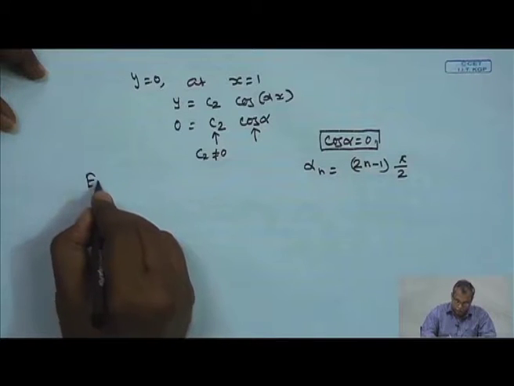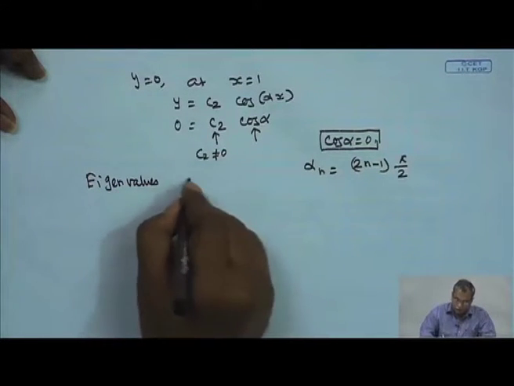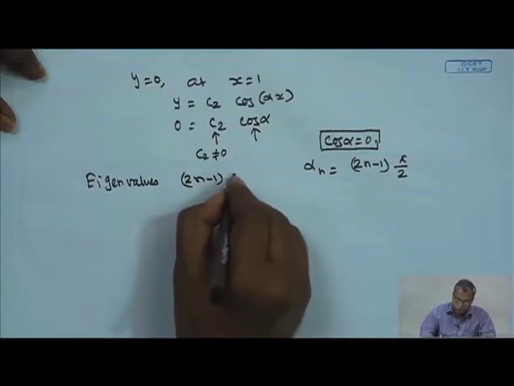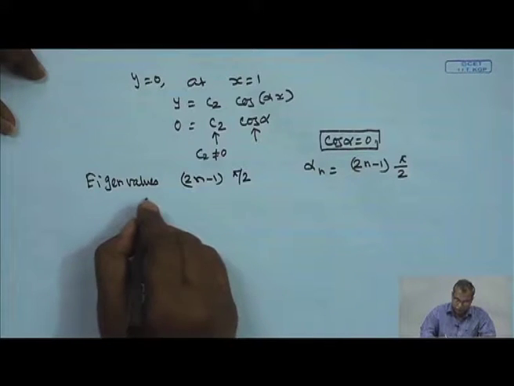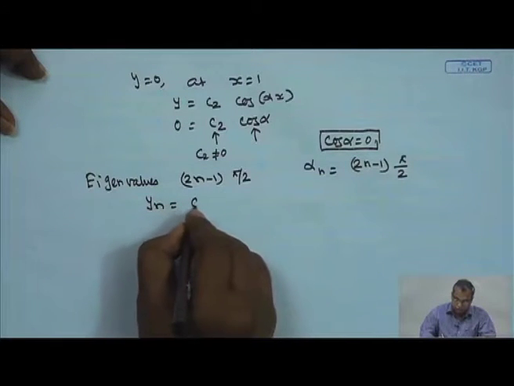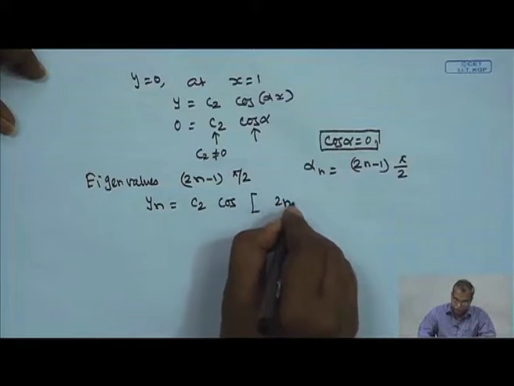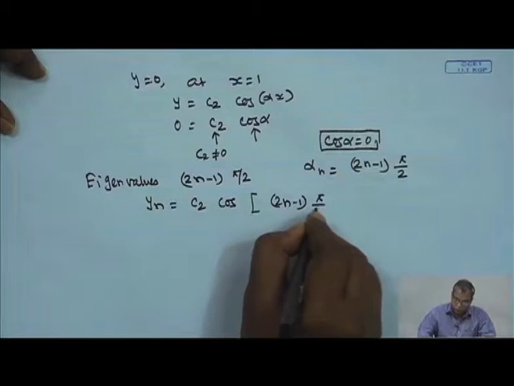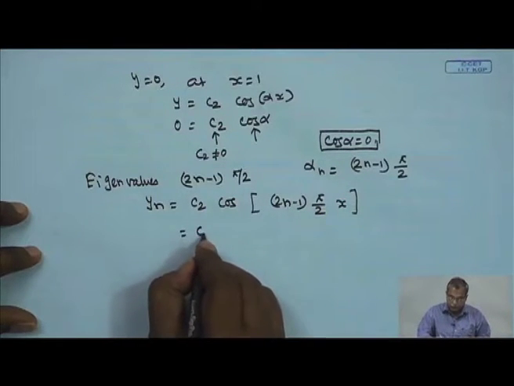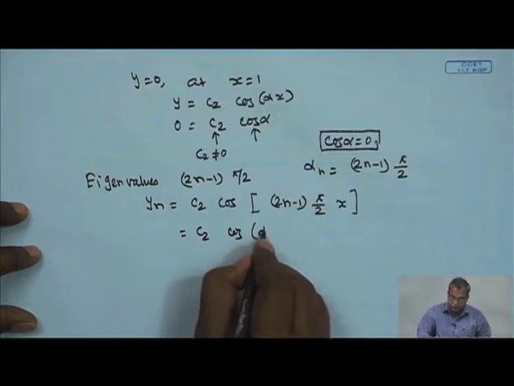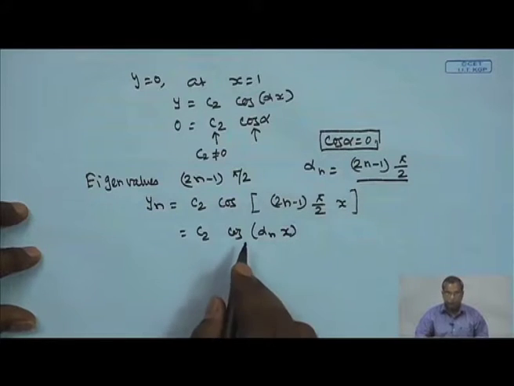So, the eigenvalues are (2n minus 1) pi by 2, and the corresponding eigenfunctions are c2 cosine of (2n minus 1) pi by 2 times x. These are the eigenfunctions, or we can write it as c2 cosine alpha n x, where alpha n is equal to (2n minus 1) pi by 2.